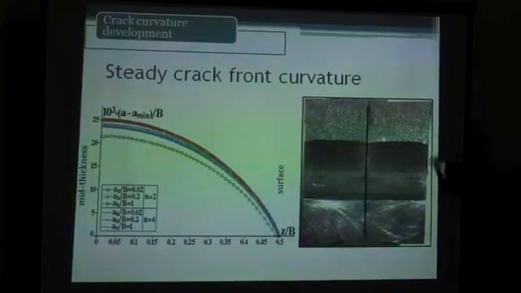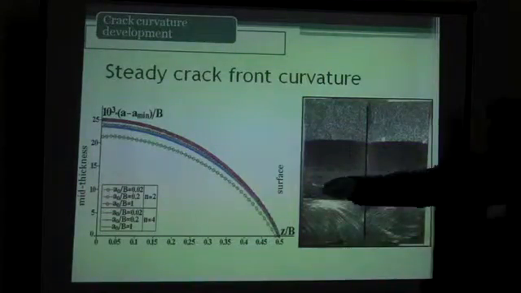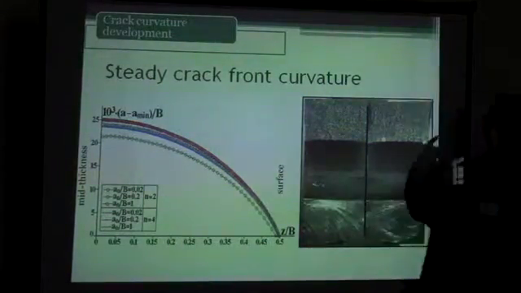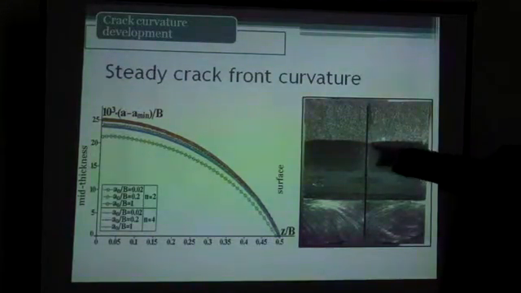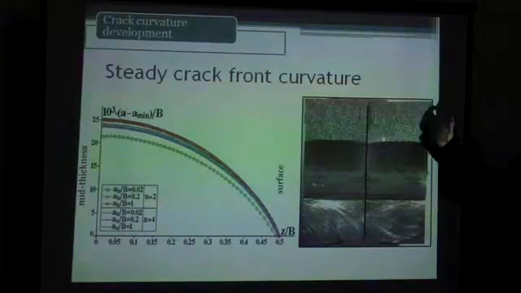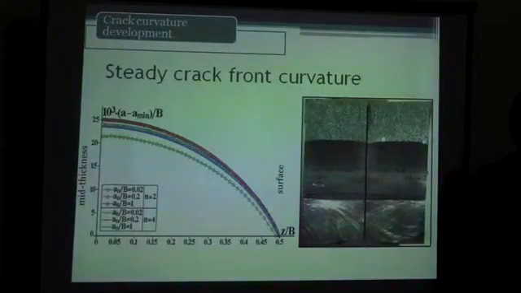These are some experiments that Professor Jaime is going to talk about in his talk right after this one. And the interesting thing is that with these calculations, assuming of course the plasticity is always small, we can perform an inverse analysis. And actually from the crack front shape, you can try to find what is the driving force of this crack.